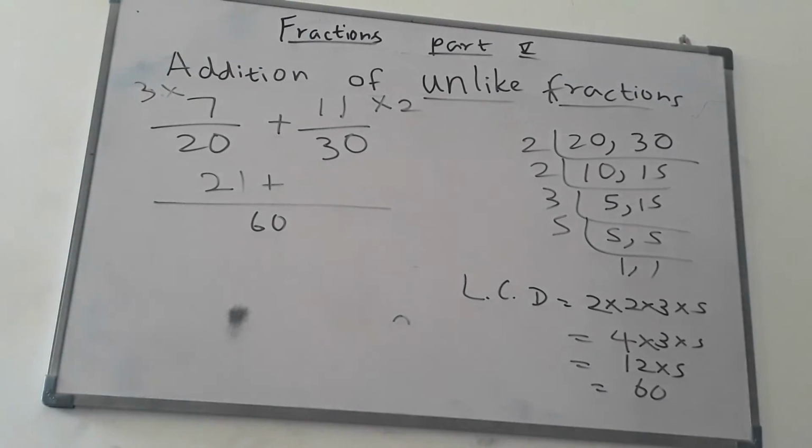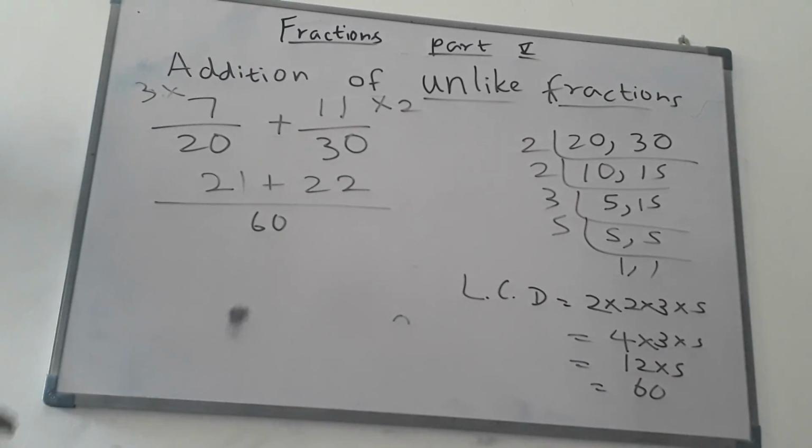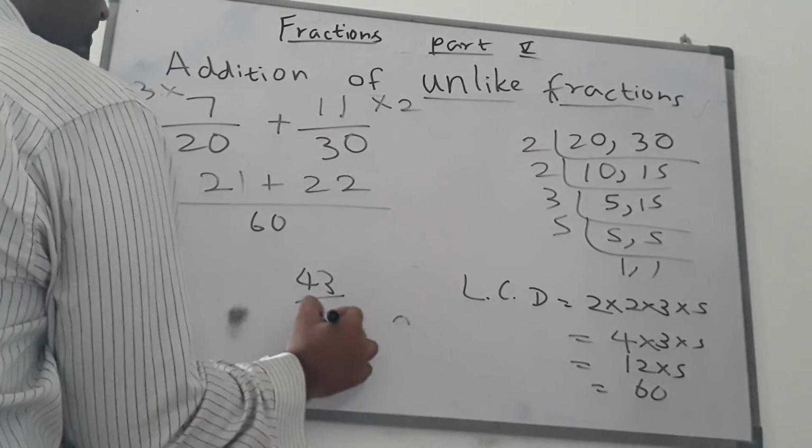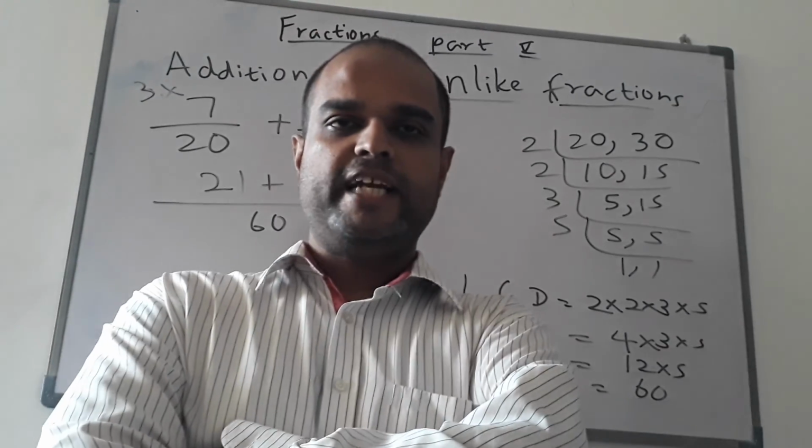So it will be 11 times 2, 22. Okay. 21 and 22 make 43. The answer is 43/60. And that's it for today. Thank you very much.